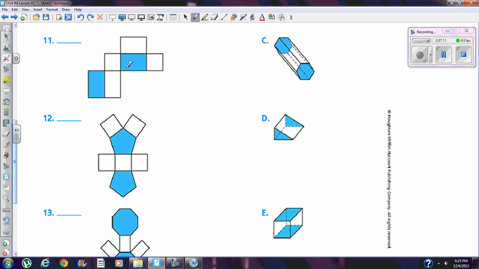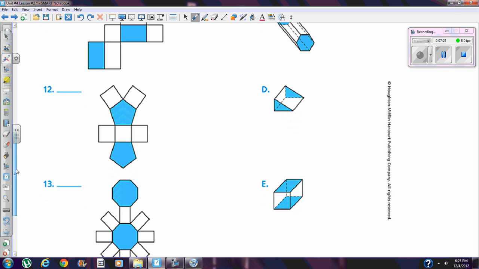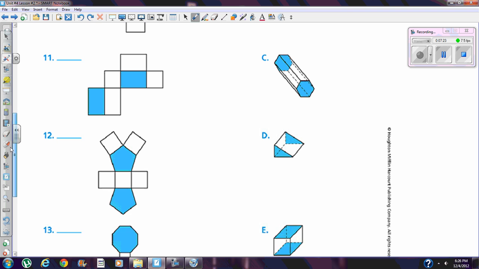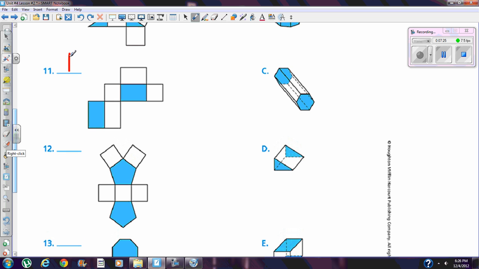Your base is a rectangle. You have 1, 2, 3, 4, 5, 6 total. Number 11 would be letter E.